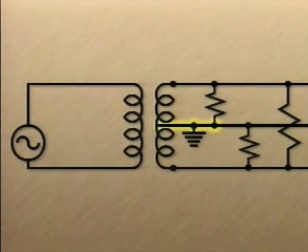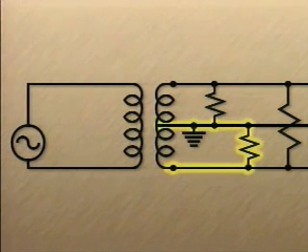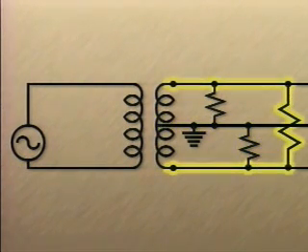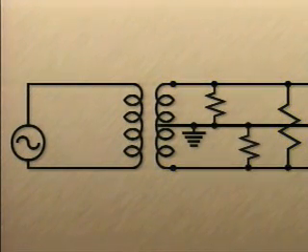The voltage between the neutral line and either the top line or the bottom line is 120 volts. The voltage between the top line and the bottom line is 240 volts. So it is possible to get either 120 volts or 240 volts from this three-wire single-phase system.